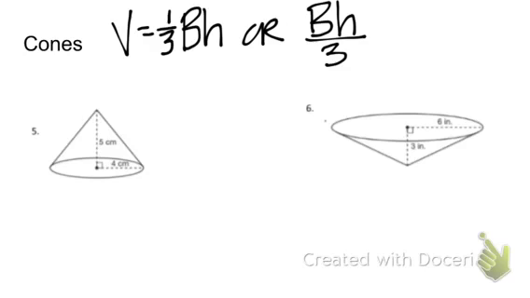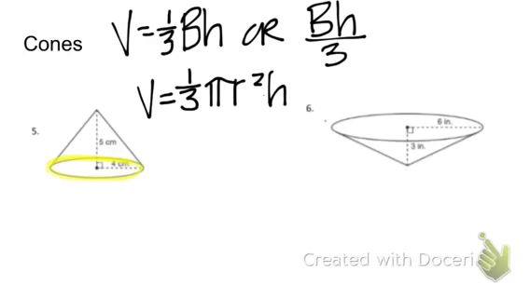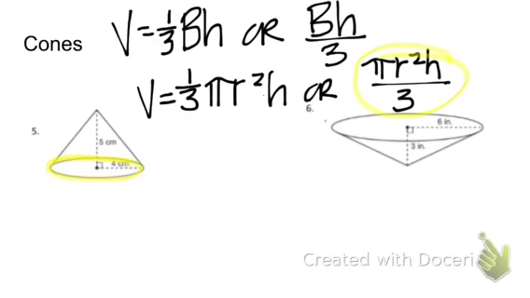Well, obviously, if it's a cone, our base is a circle, which is why this formula is given to you. So it's just 1/3 pi r squared times our height, or you could do pi r squared times our height divided by 3. Again, I'm going to stick with this one just because that's the one I'm most comfortable with.